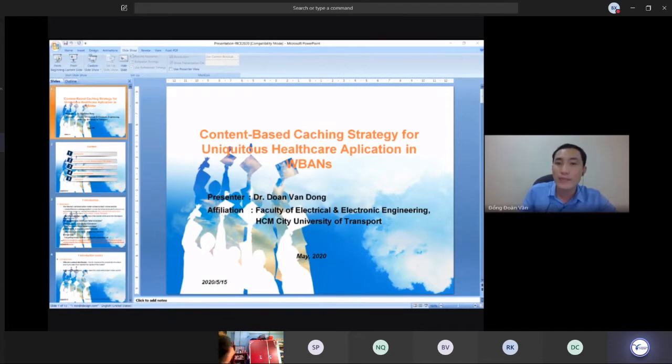For the other schemes, we have four: first in first out, LRU, probability LRU, and our scheme, the content-based one. You can see the hitting rate is great at simulation time 2000.